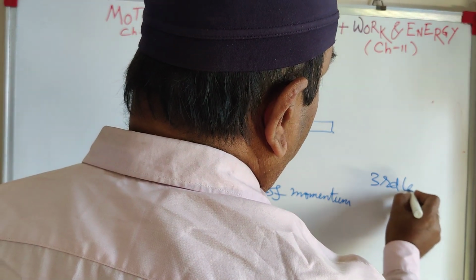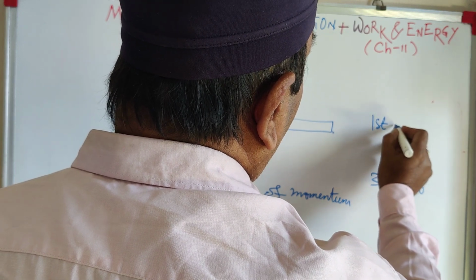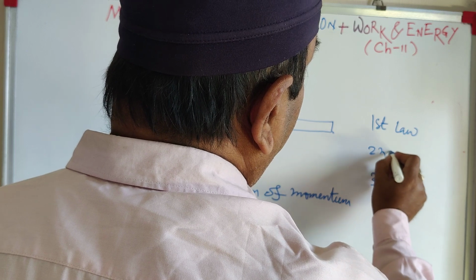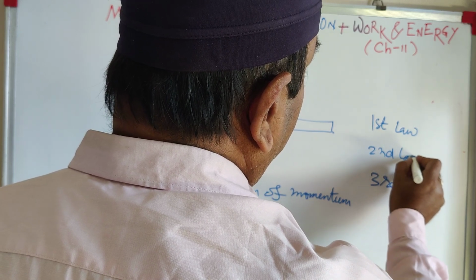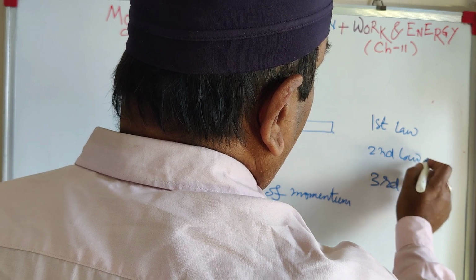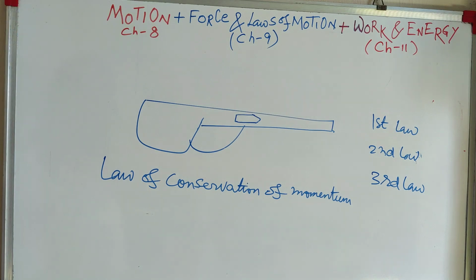Third law of motion. So, what is the third law of motion? This is the second law of motion. The third law of motion says action and reaction are equal and opposite.